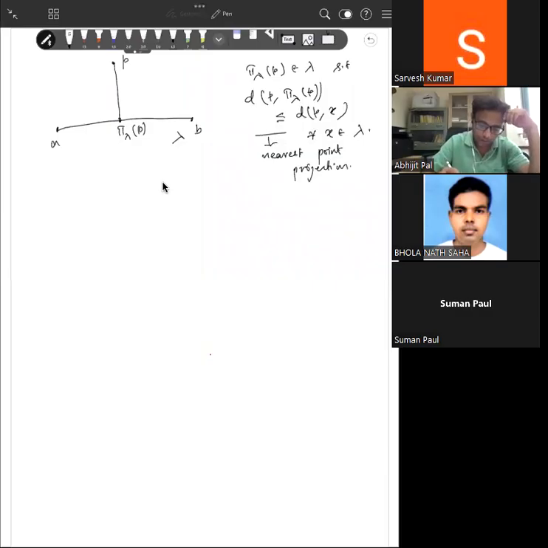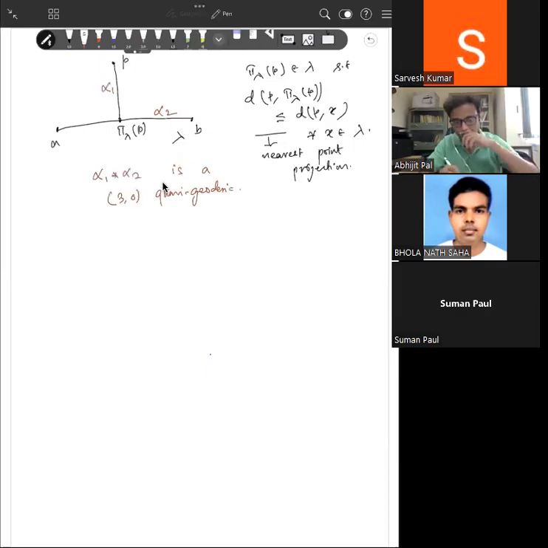Now again, I take the path alpha 1, the geodesic joining P to pi lambda of P, and alpha 2, which is the subsegment of lambda. Again you take alpha 1 star alpha 2 and take the arc length parameterization. This in fact is a (3, 0) quasi-geodesic.